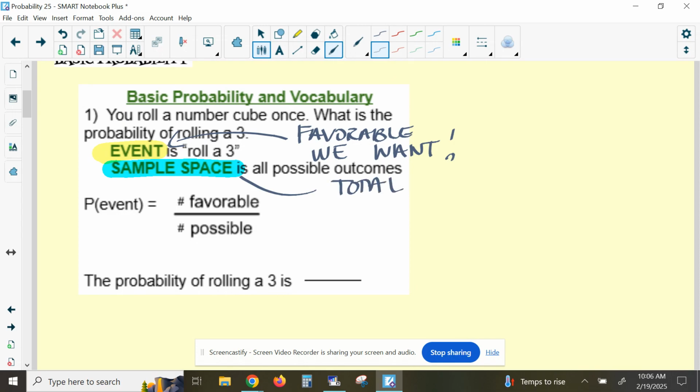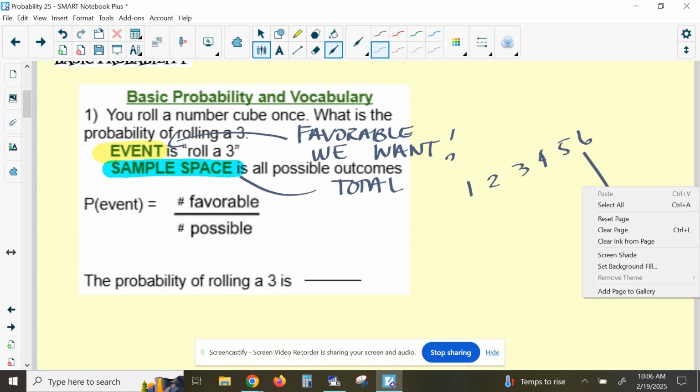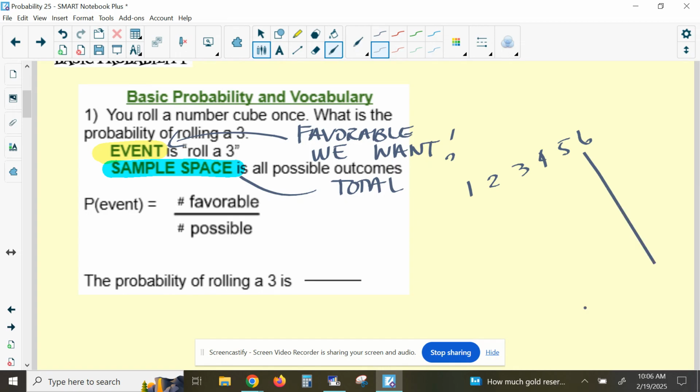So when we did this first problem, it says you roll a number cube. That's a normal dice. If you roll a number cube once, what's the probability of rolling a 3? So we know on a number cube you can get a 1, a 2, a 3, a 4, a 5, or 6, right? So the total possible things that could happen are 6 things.